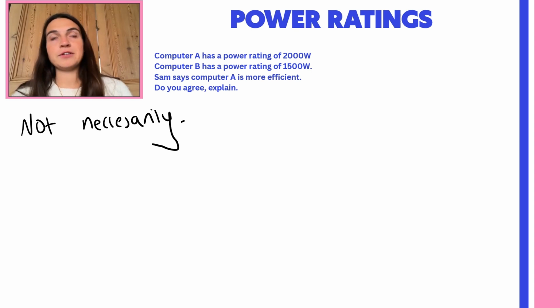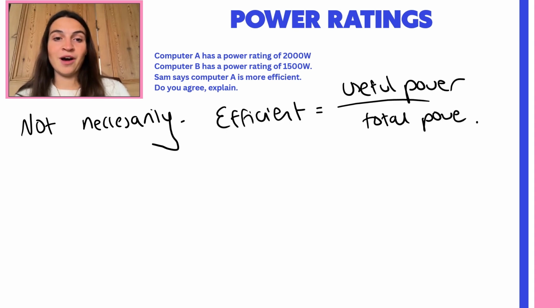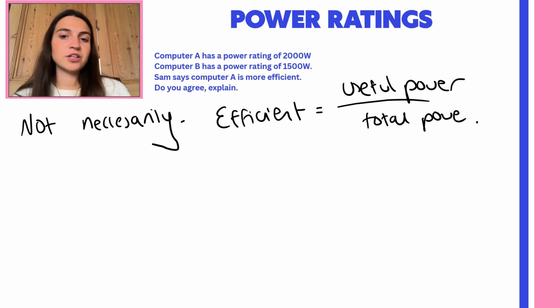I would then, if I were trying to prove this in my exam, firstly get very straight what is the formula or definition for efficiency. And we know that efficiency is useful power over total power. Those 2000 and 1500 watts, these are my total powers. So it's not really telling me necessarily something about the efficiency as much as the total power these computers are using.